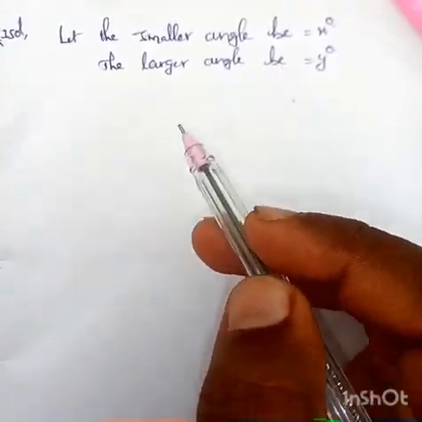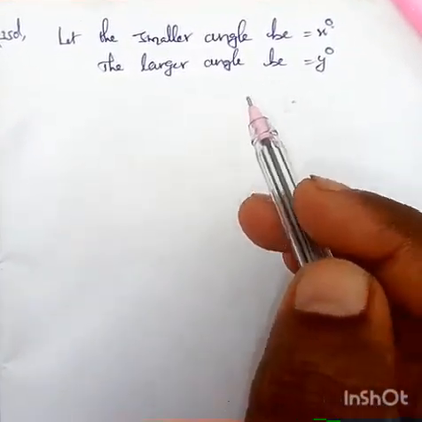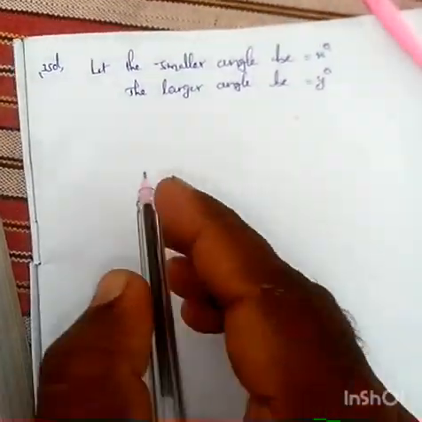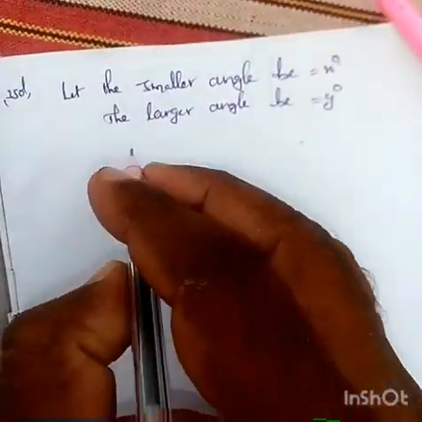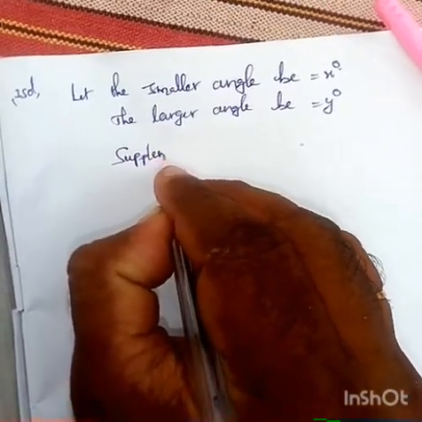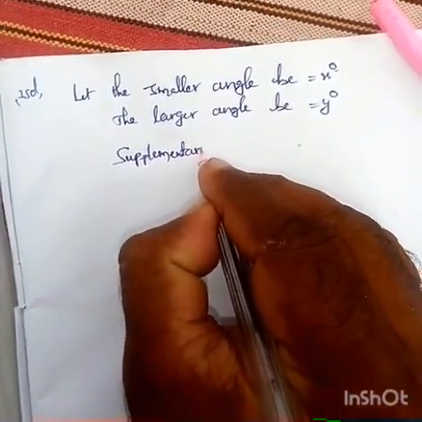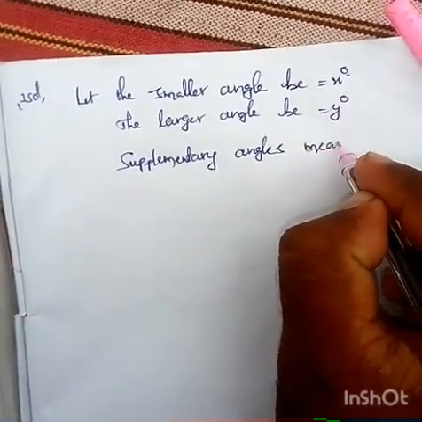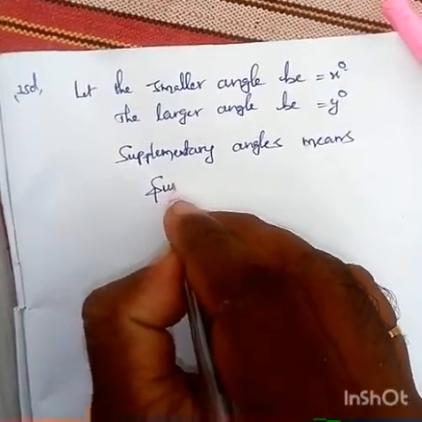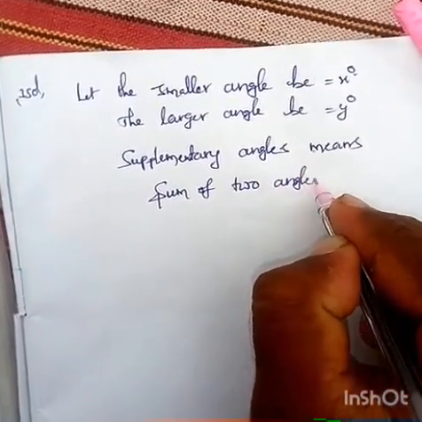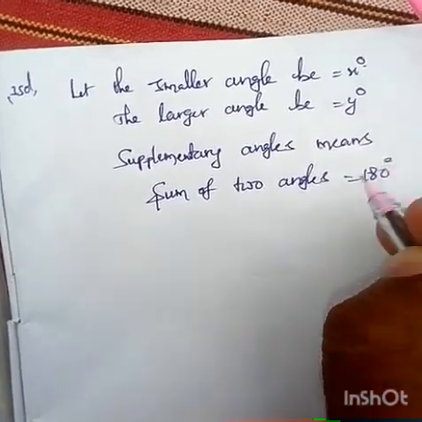Students, as I told you earlier, supplementary angles means the sum of two angles is equal to 180 degrees. So from that we can create a linear equation. Supplementary angles means the sum of two angles is equal to 180 degrees.